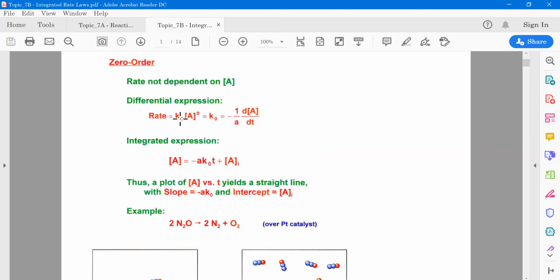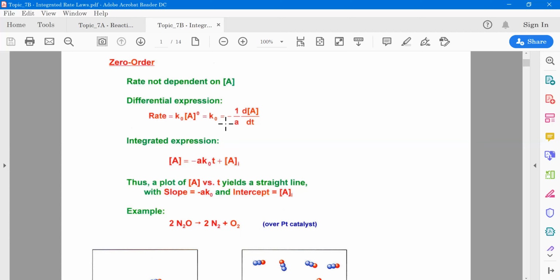And so in this case, it's k sub 0 for a zero order reaction. And the rate depends on the rate constant and some concentration of A to the 0 power. Well, anything to the 0 power, of course, is 1, which means that the rate does not depend on the concentration at all. It's simply equal to k sub 0.